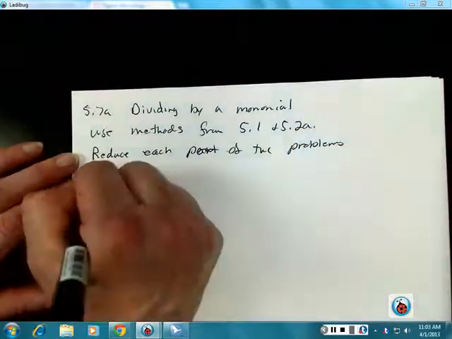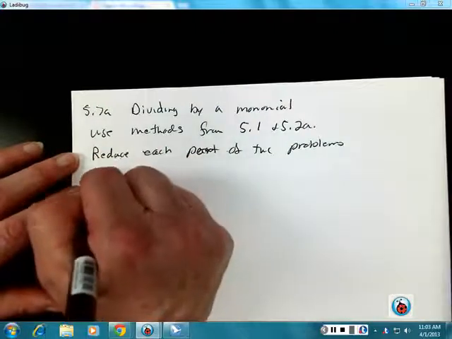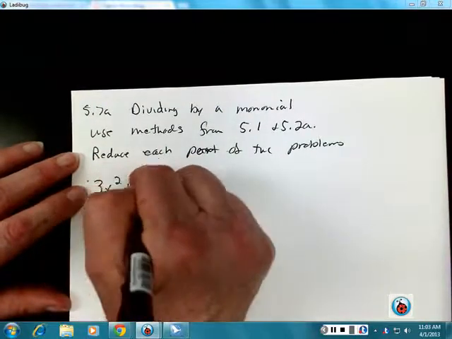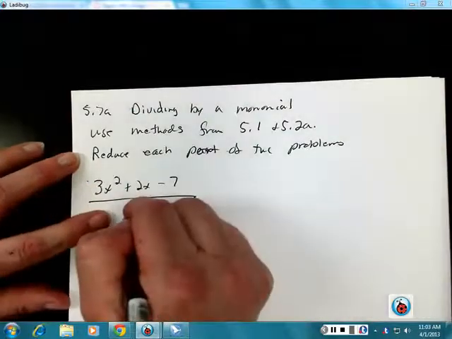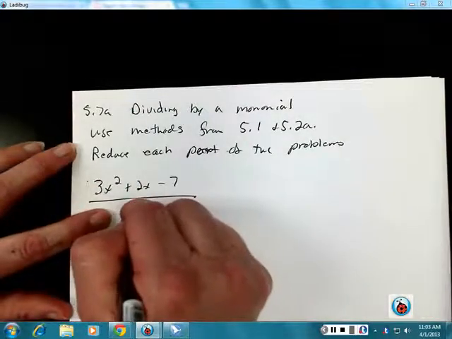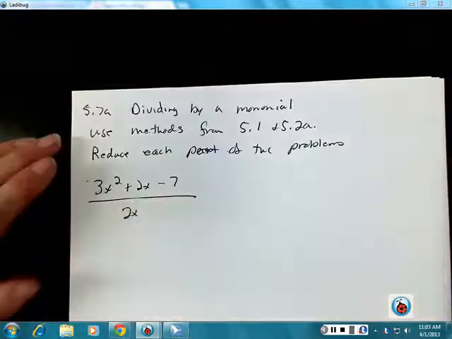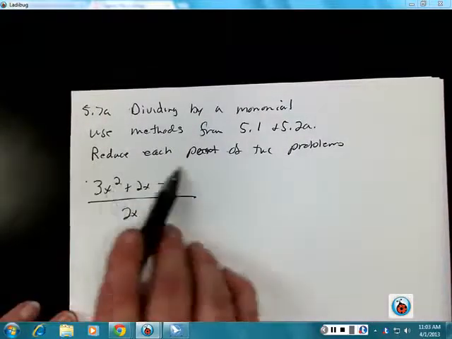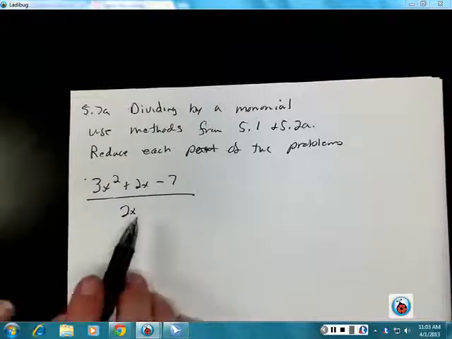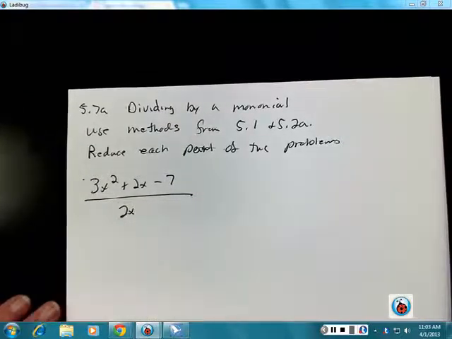So dividing by a monomial looks like 3x squared plus 2x minus 7 divided by 2x. So I have a trinomial on top because it's got 3 parts. I have a monomial on the bottom.